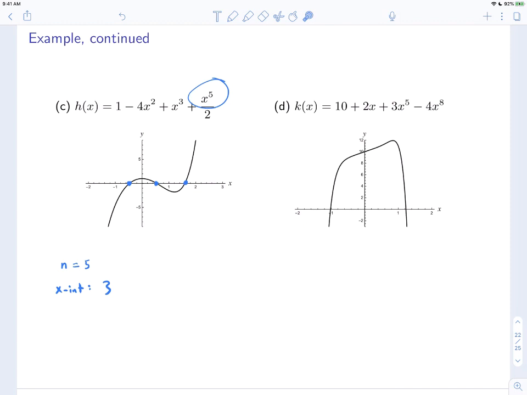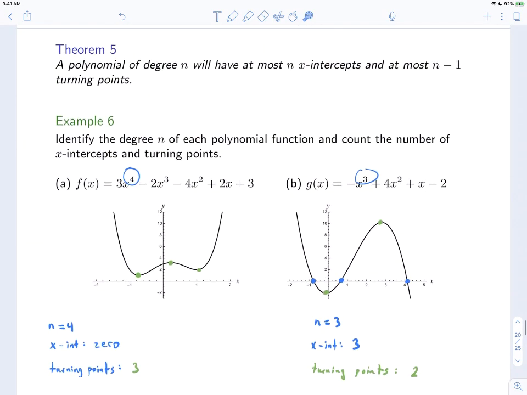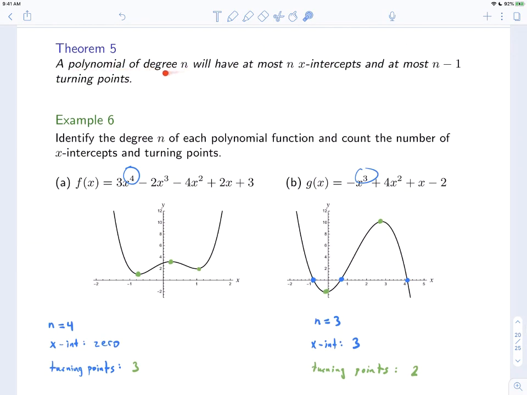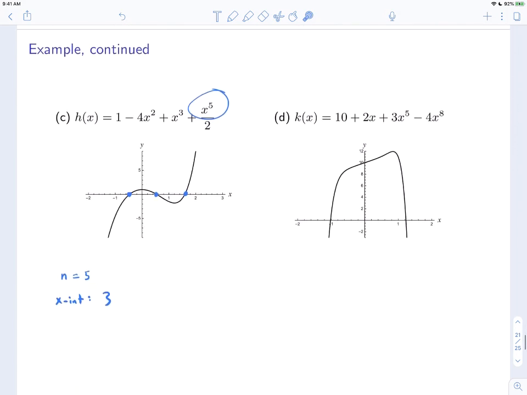The theorem says that a polynomial of degree n will have at most n x-intercepts and at most n-1 turning points. That means you might have fewer than n x-intercepts. And in this case, we have 3 x-intercepts, which is fewer than n equals 5, which is the degree.